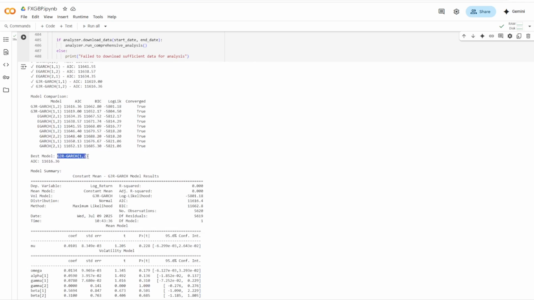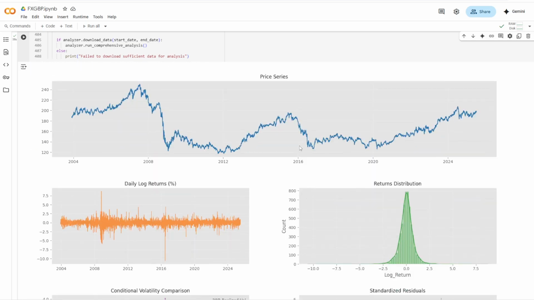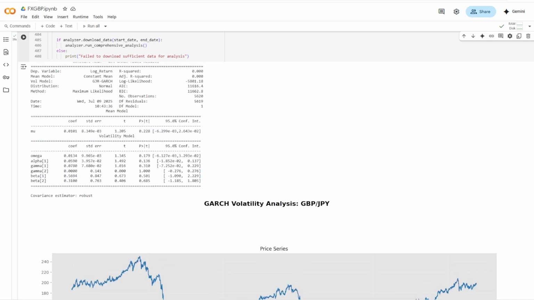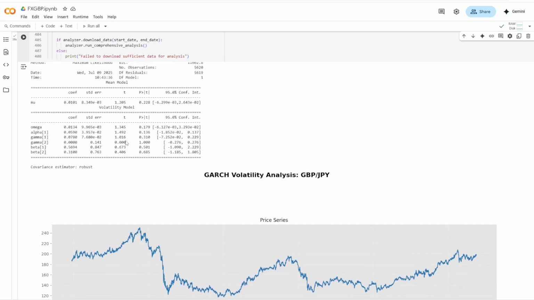Again, we have a GJR-GARCH model, the Glosten-Jagannathan-Runkle model, with the P and the Q parameters, 1 and 2 lags. I don't remember exactly now, but nevertheless, what do we have here?